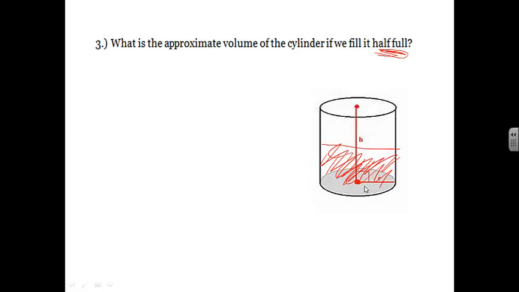So I gave you the radius, which I told you was 2 meters, and I told you the height was 10 meters. Okay, the first step that we do is FSA. My formula from the formula chart is volume equals 3 times radius squared times height. So I'm going to plug it in. Do I have my radius? That's the first question you ask yourself.